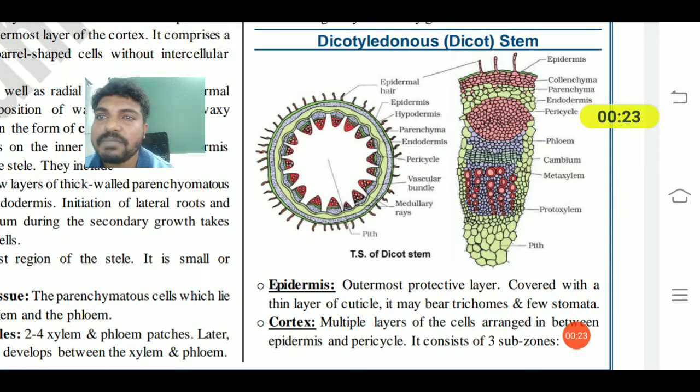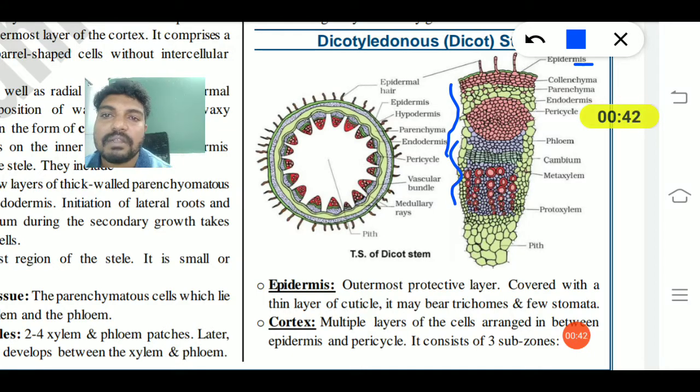Here, the dicot stem is broadly classified into the outermost epidermal region, the cortex region, the vascular region, and the pith.